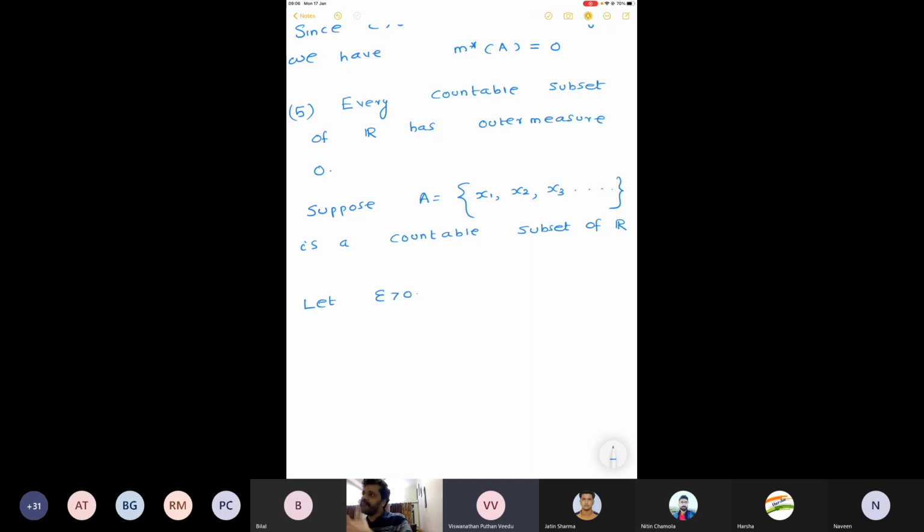With the idea available in the finite case, can you now tell me which sequence of open intervals I can consider that covers A. Each element in that cover should include one of the points in A. So one interval for including x1, one interval for including x2, like that you can consider. So can you tell me at least one cover consisting of open intervals? How do I define In?